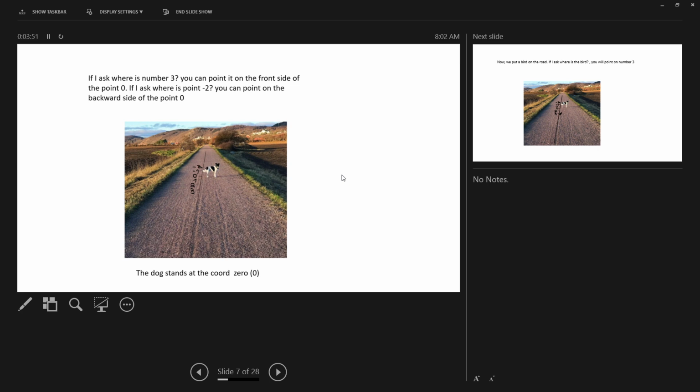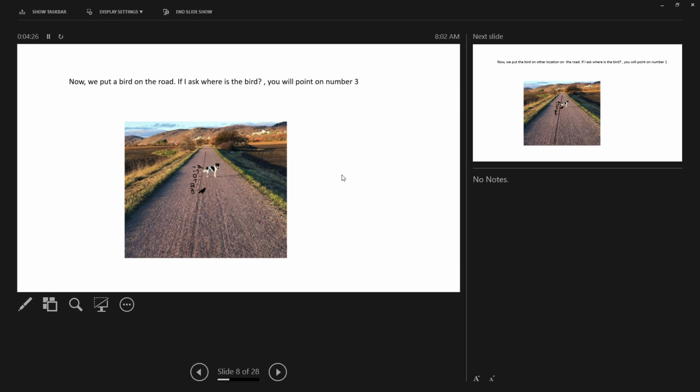By the way, the dog stands at the coordinate 0, which, as we saw before, is called origin. But the dog can stand at any other point, not only in the origin. But we define the line coordinate system so that the dog will stand in the 0 coordinate.